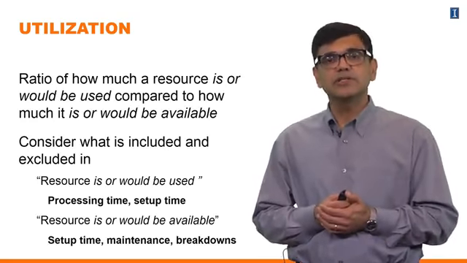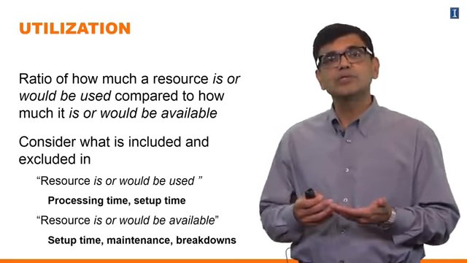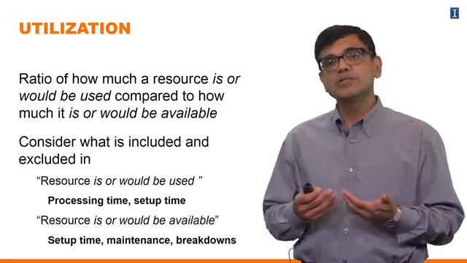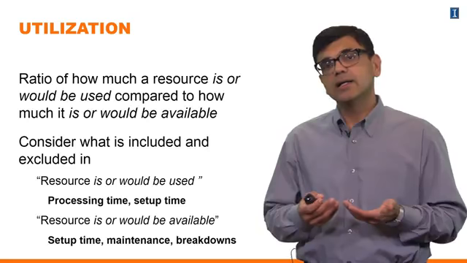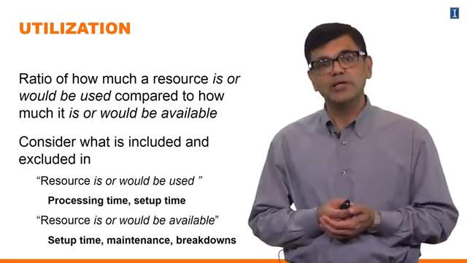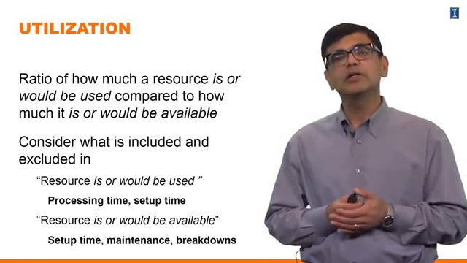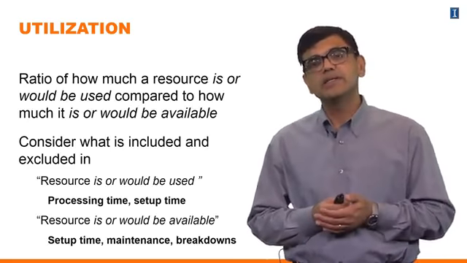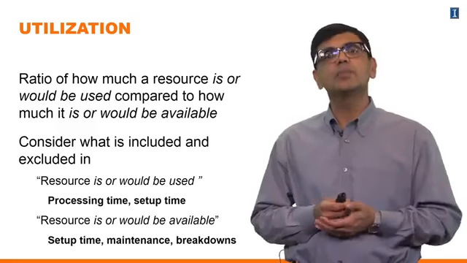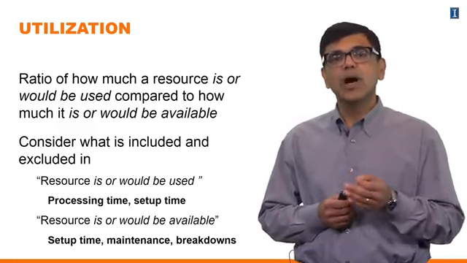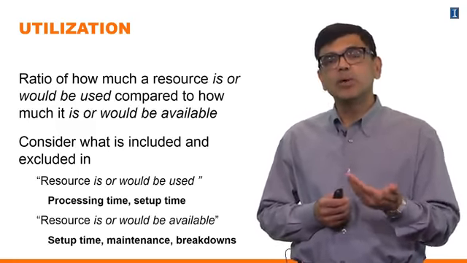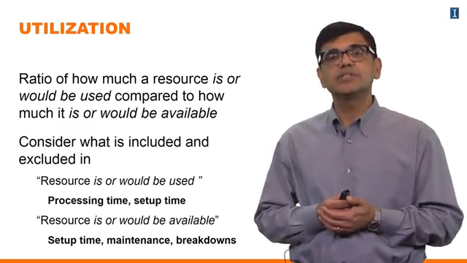Putting it in definitional terms, it is how much a resource is being used compared to how much it's capable of being used. So when we talk about utilization, a couple of things to keep in mind as you get into computations. One is what is going into this idea of resource being used.